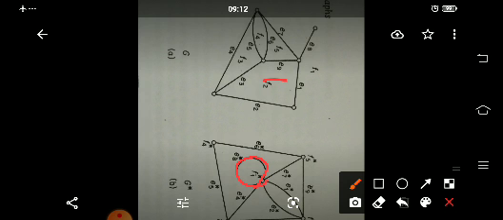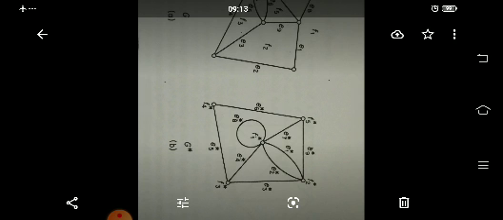Next F2, here this is F2. F2's adjacent partitions are F1, F3, F4, F5. F2 has adjacent partitions F1, F5, F4, F3.